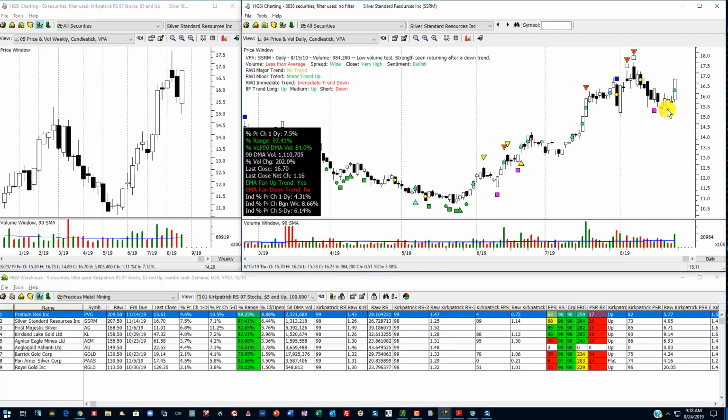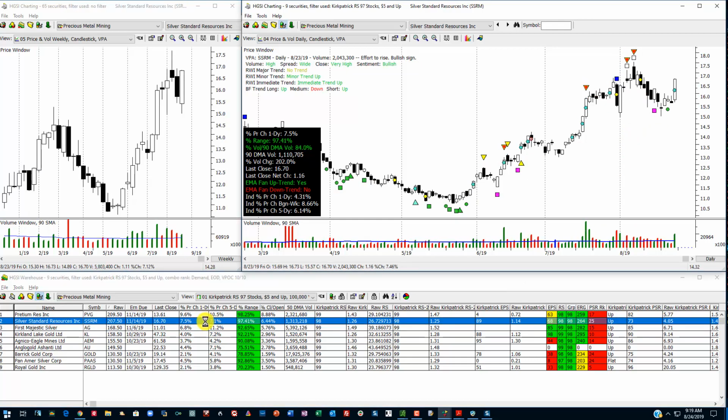Here's a test for supply. This is a no supply. Both of these are signs of strength as the volume falls off, but the stocks no longer are heading down. These are valid VPA flags up here.